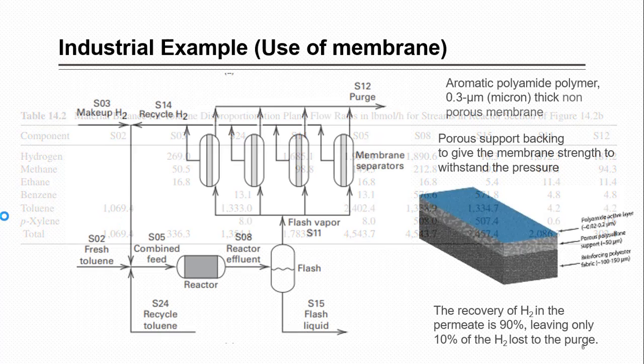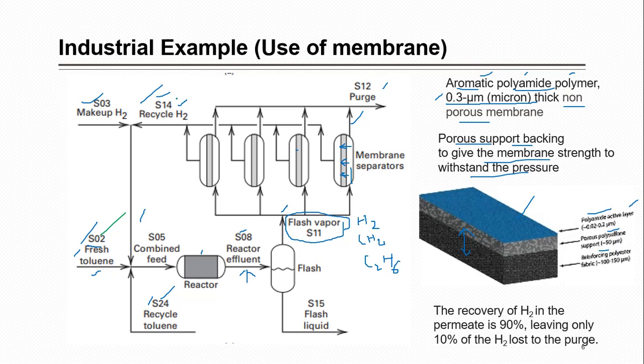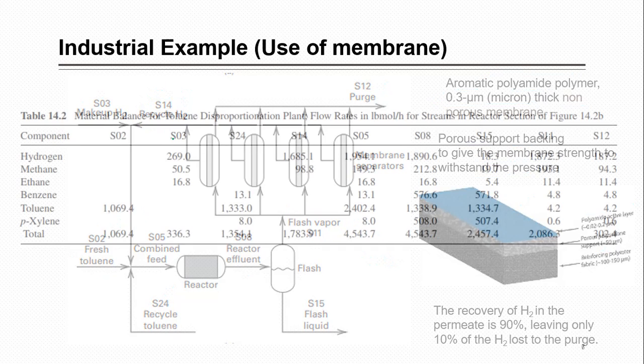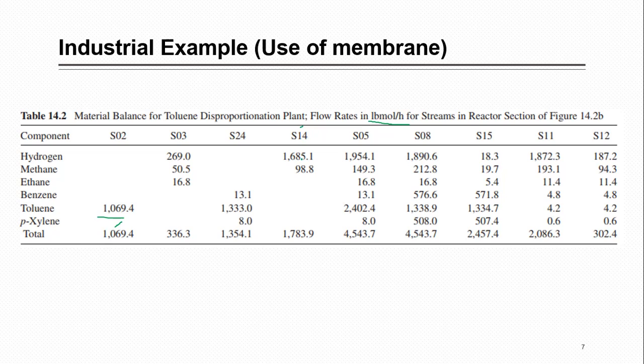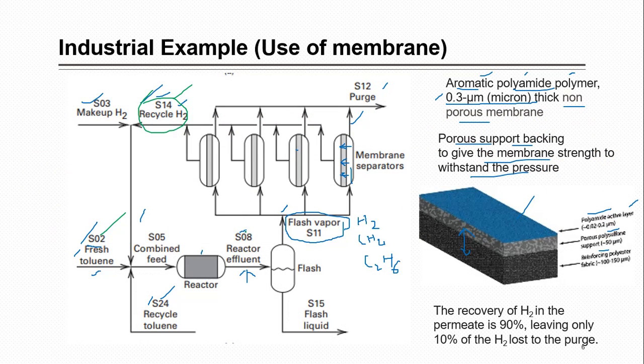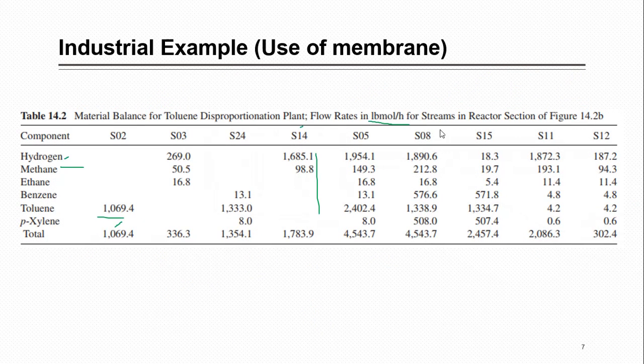And S14, you remember, is the hydrogen which is recycled to the system. If we look at S14, it contains only hydrogen and methane. You can look at the others as well. Suppose you are interested in S8, which is leaving the reactor. You know that all components were present in this stream, so you can see their amounts given here in all these streams.